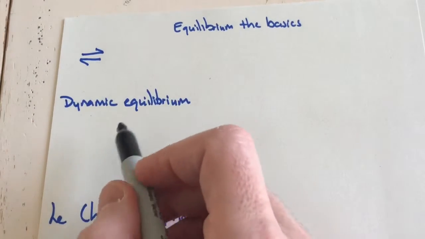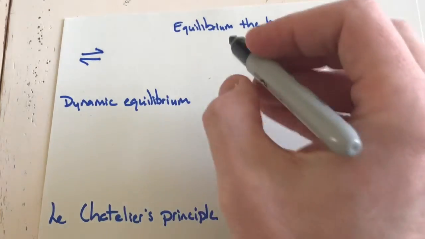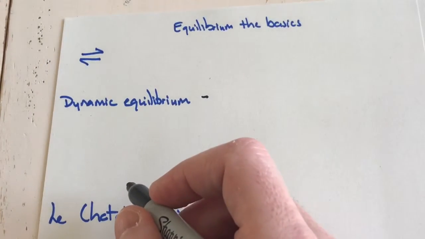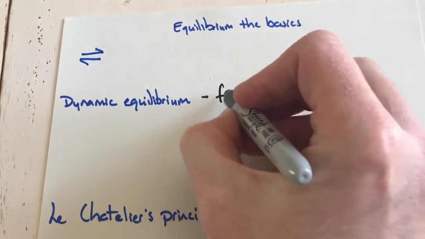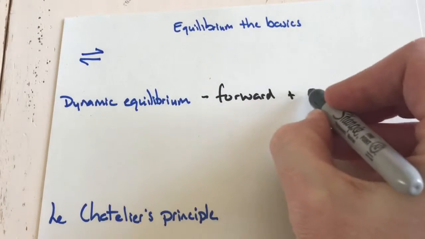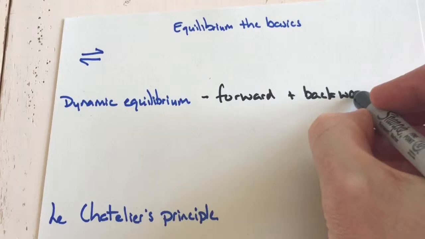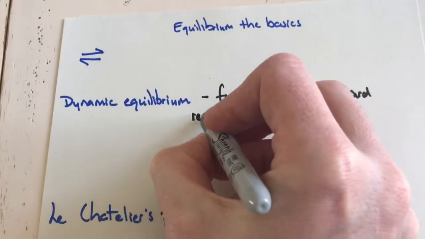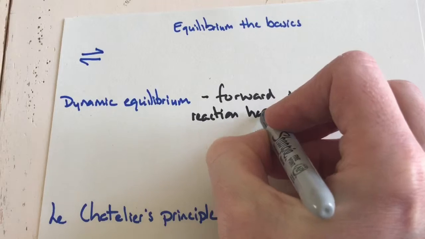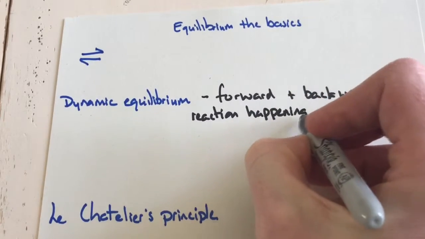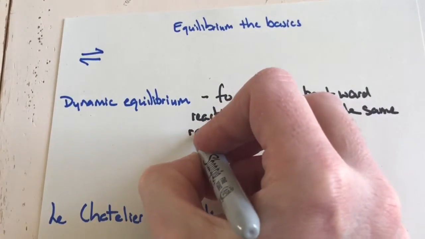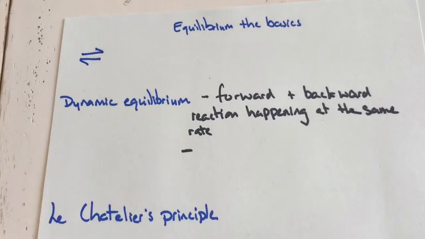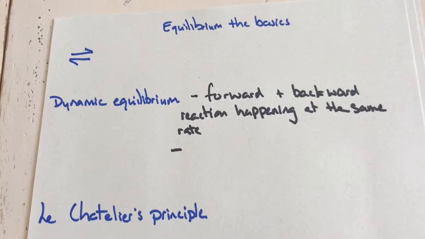Linked to that, we need to explain the term dynamic equilibrium. So dynamic equilibrium is a point that's reached during a reaction where the forward and backward reactions are happening at the same rate. Once that dynamic equilibrium has been established, the concentration of the reactants and products will remain the same.